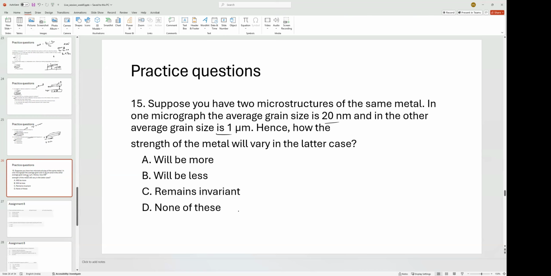Here D is greater than 10 nanometers, so it follows the Hall-Petch equation: sigma equals sigma naught plus K D to the power minus half. As your D decreases, your sigma should increase, your strength should increase. So for the latter case, the grain size is smaller, so your strength will be less. Yes.